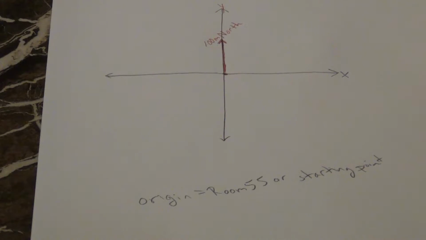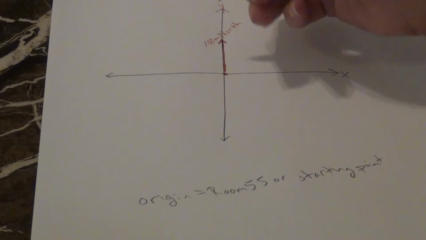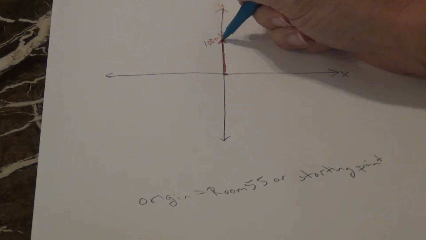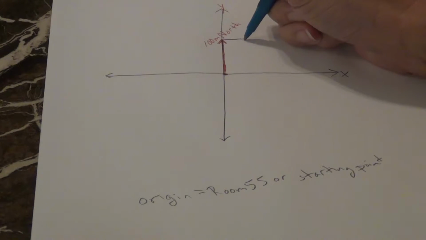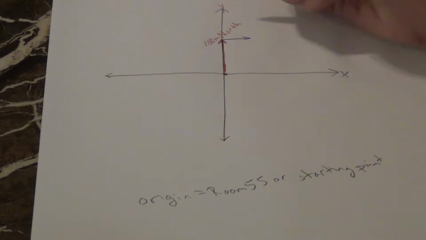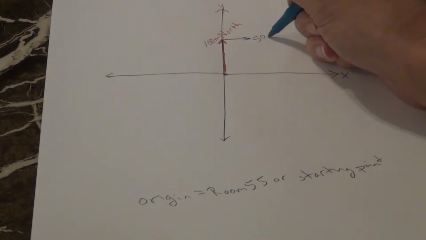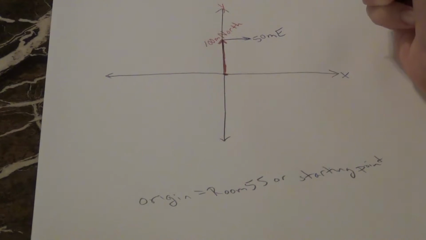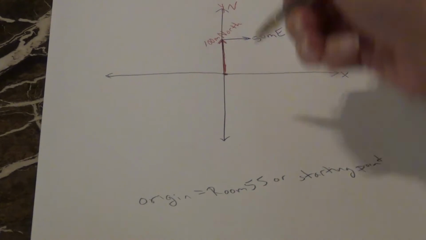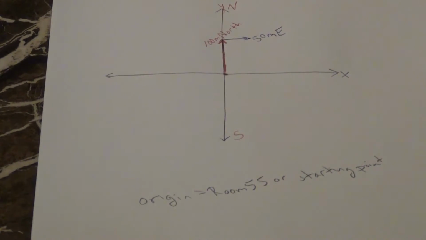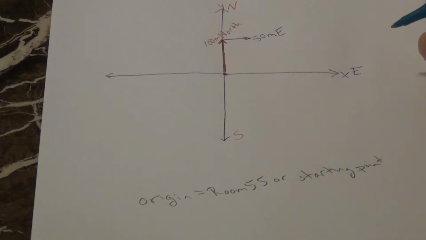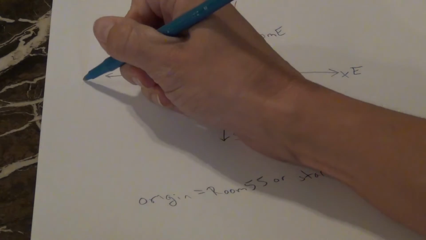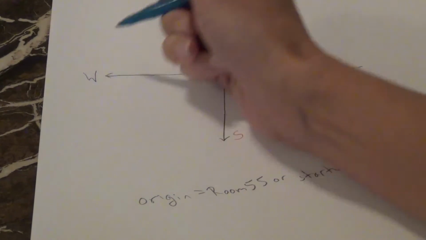Okay, and then maybe you turned and you went 50 meters east. Okay, and you'll notice my y-axis up is north, down is south. My x-axis to the right is east, just like you'd see on a map, and to the west is left.